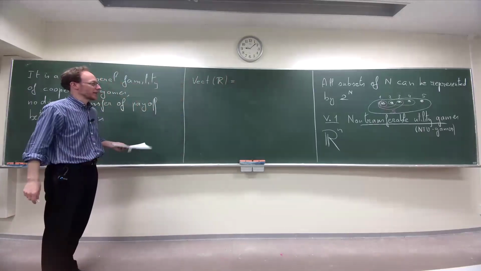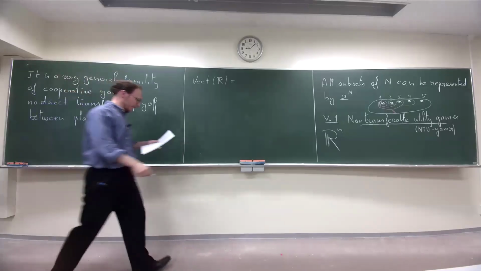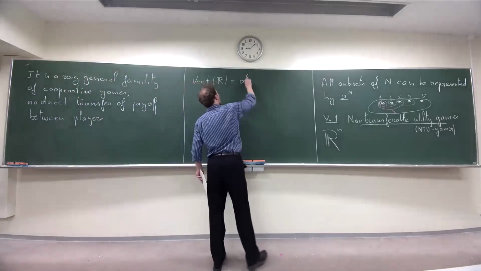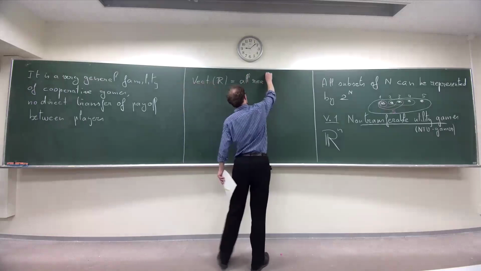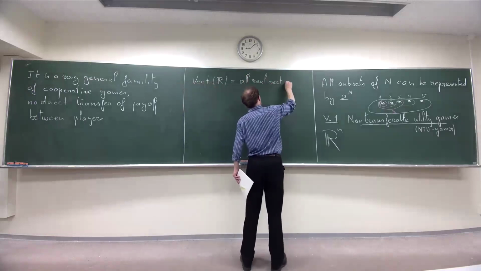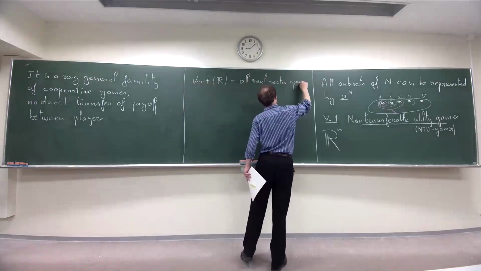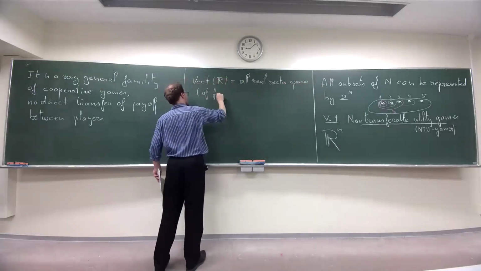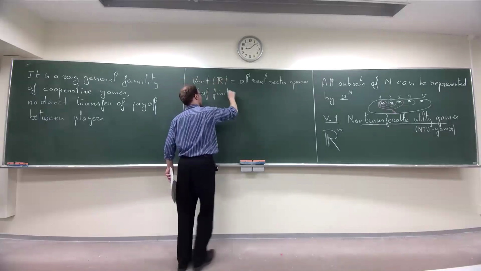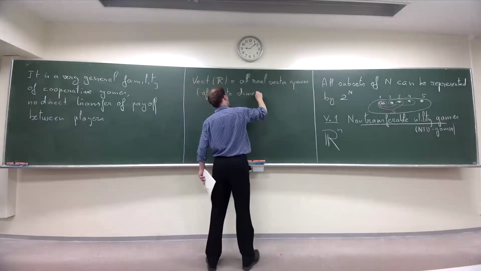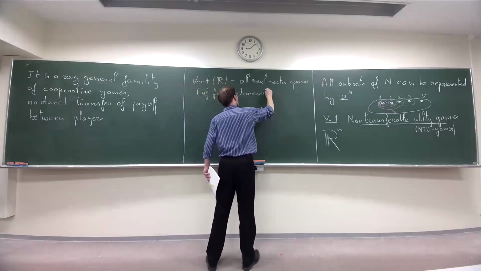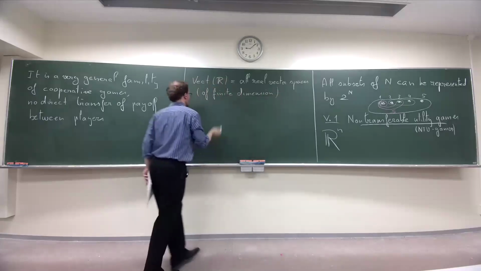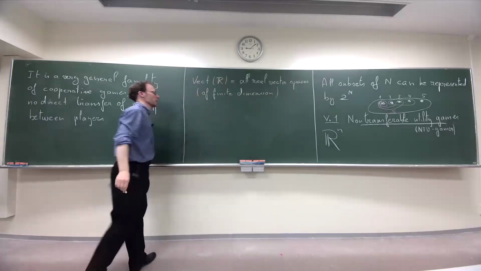We will see many examples and you will understand. This is a set of all real vector spaces of finite dimension. Don't worry about this notion, but I need this just to be precise.